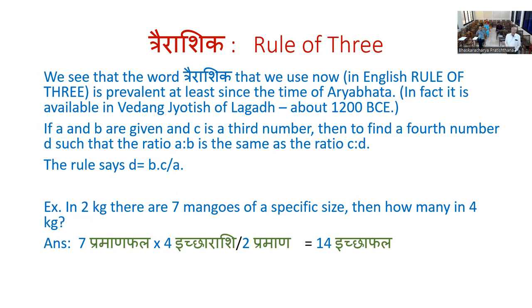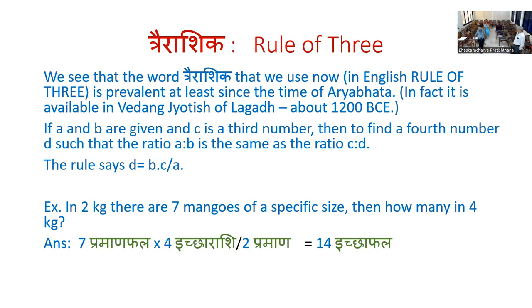Now rule of 3. So this rule of 3 is given here in short by Aryabhata. Interestingly, I have seen the rule of 3 is also there in Surya Siddhanta. No, not even Surya Siddhanta. This Vedanga Jyotish. Vedanga Jyotish has rule of 3. So Lagadha's Vedanga Jyotish mentions rule of 3.